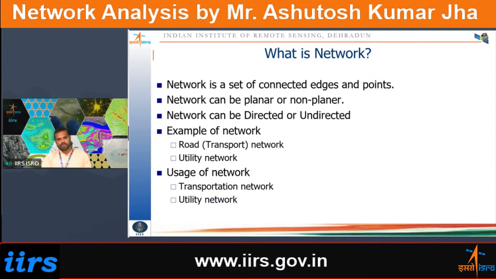Then there are directed and undirected networks. You can have a one-way route, or there can be navigation where bidirectional travel is also allowed. If the edges or network carry directions, that is, how the route can be followed, then we say it is a directed network. If the direction is not part of any edges or nodes, then we say it's an undirected network.